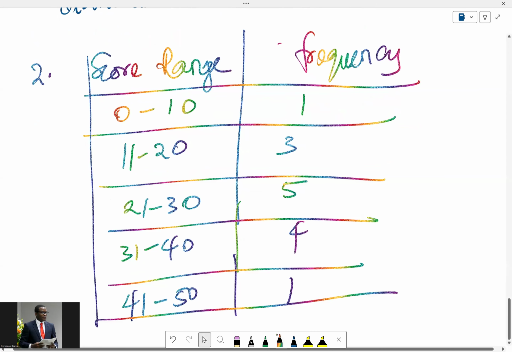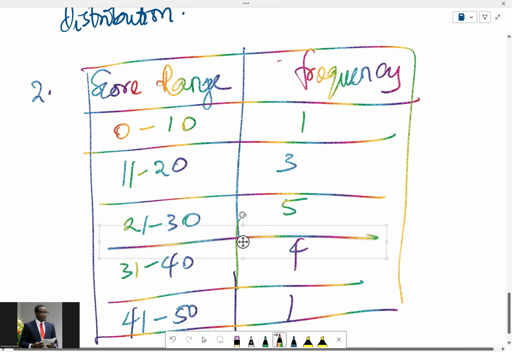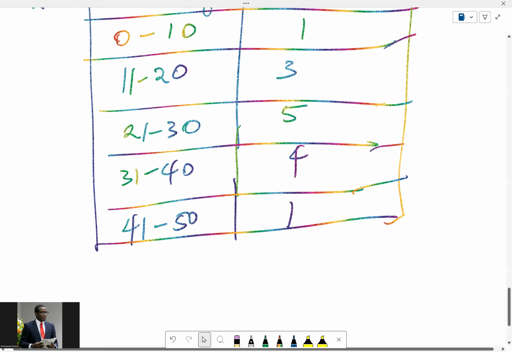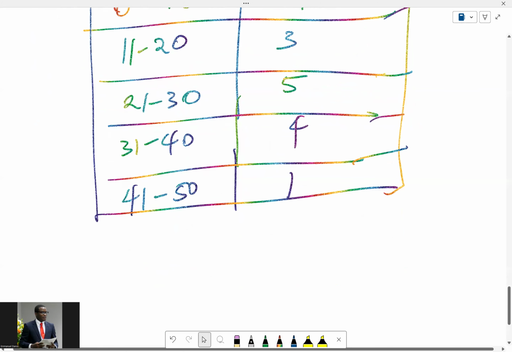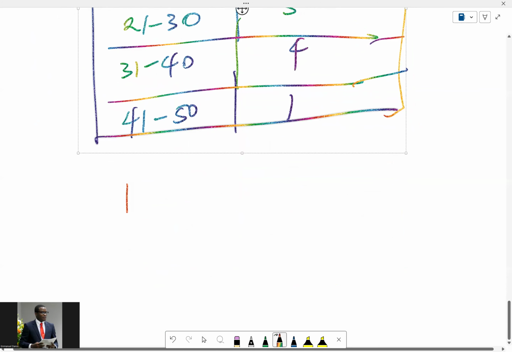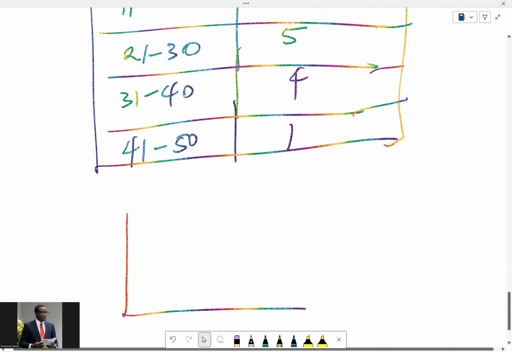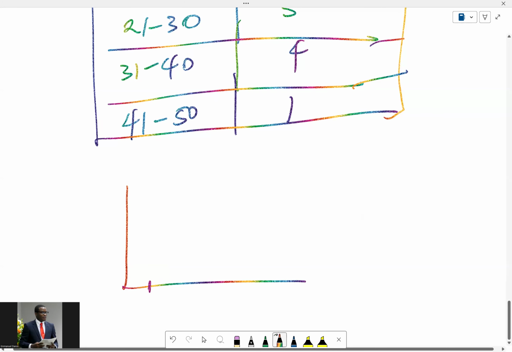So this is grouped data now. With this, it's easy to draw a histogram, right? You can draw a histogram. Let's give it a try. Imagine you have this, and then for the first one, 0 to 10, let's say this is 10, this is 20, 30, 40, and 50.